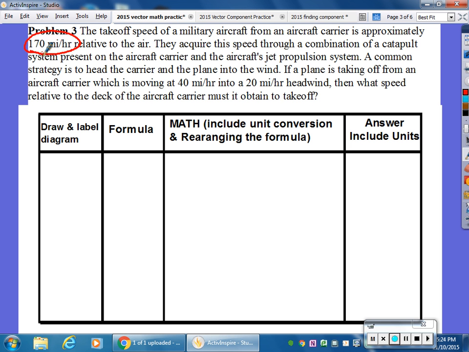And to get this amount of speed in the short launch decks of aircraft carriers, they have to combine a catapult. So they put a catapult attached underneath a wire, attached to rails that run along the deck of the ship.